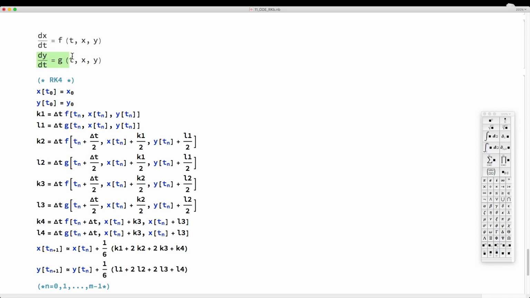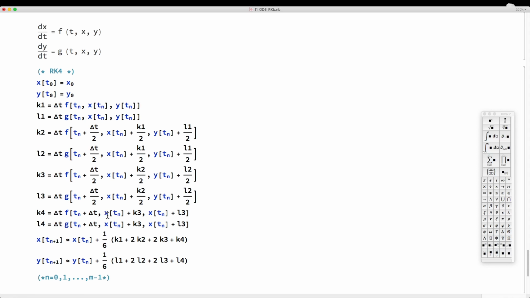So naturally, all these L's will be used to update the second equation, dy/dt equals g. So essentially, this is following a Taylor expansion to fourth order, and eliminating all the derivative terms in terms of just values of f and g, so that you don't have to evaluate derivatives.